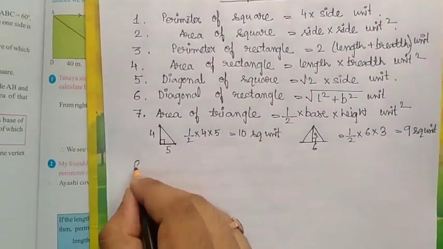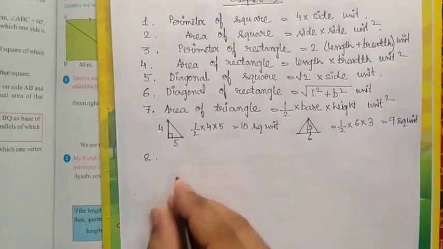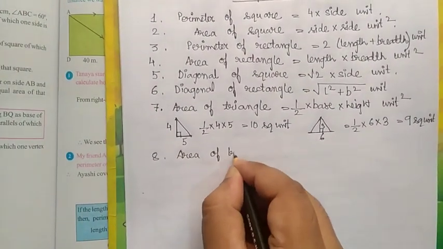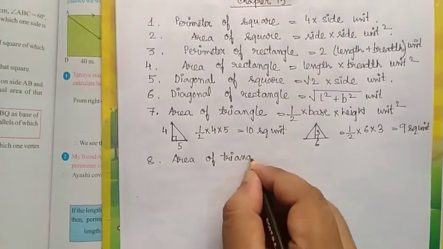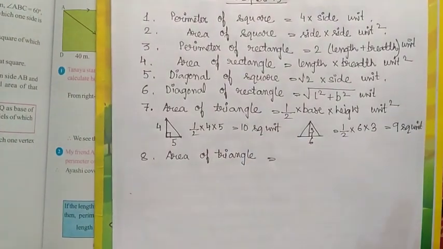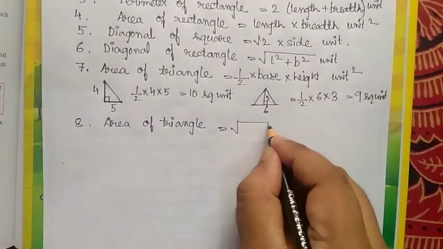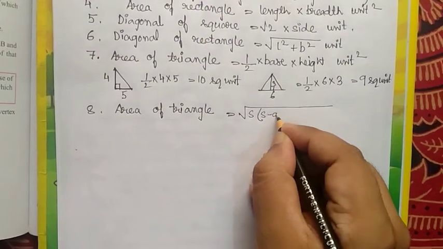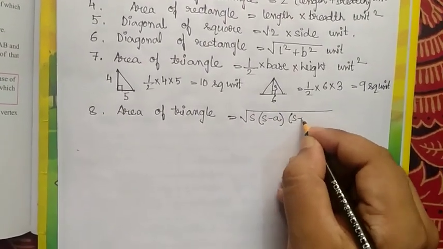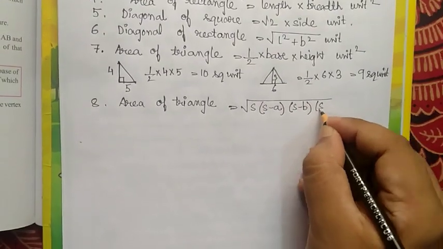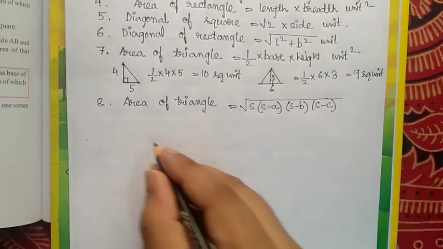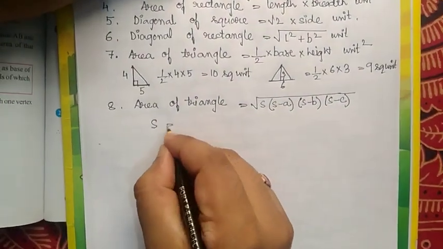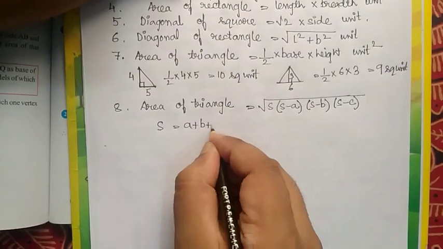But if 3 sides of a triangle are given, then area of triangle equal to root over s into s minus a, s minus b, s minus c, where s equal to semi perimeter, or a plus b plus c by 2.